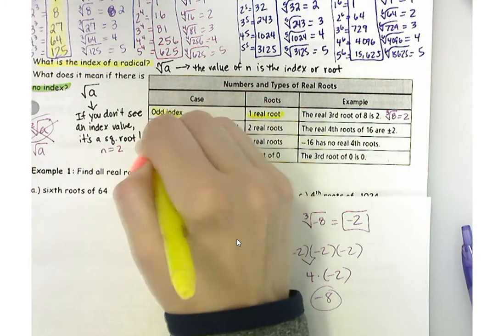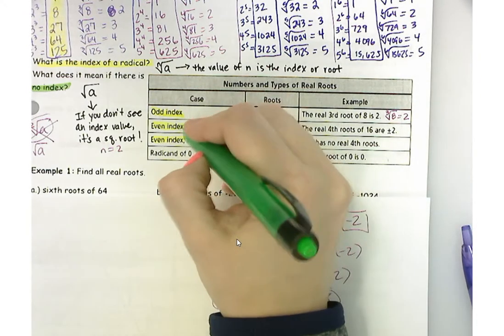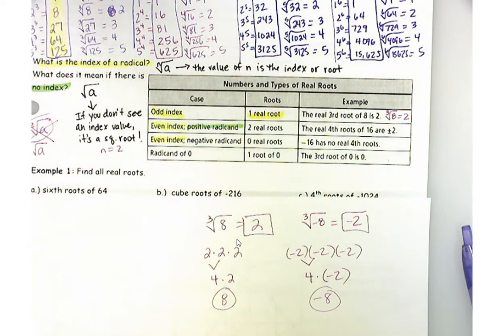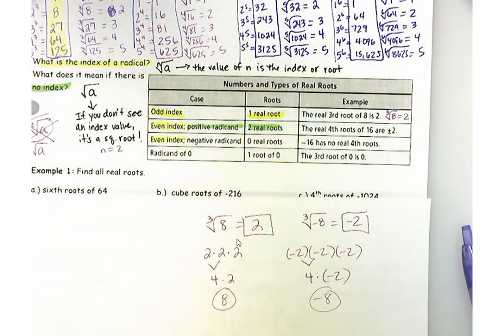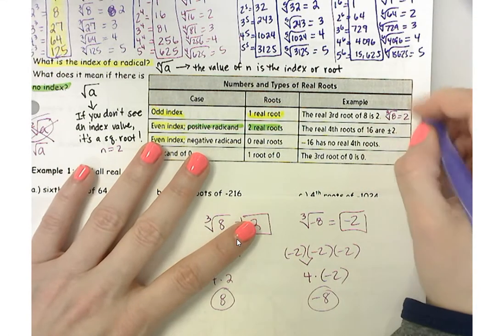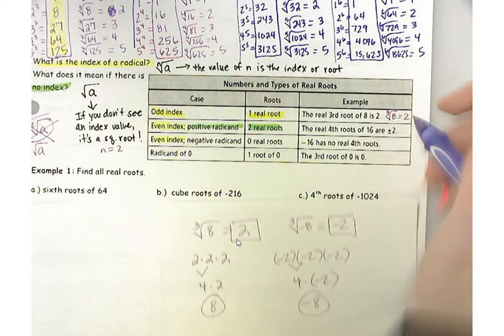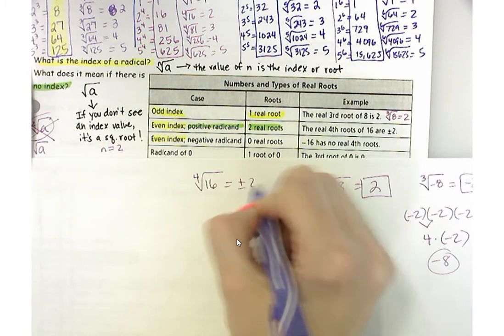The example is the 4th root of 16. If you were doing the 4th root of 16, it would be plus or minus 2, because if you multiply 2 four times, this would be 4 times 4, which is going to be 16. Or if you multiply -2 four times, what happens when you multiply a negative by a negative? Yep, it becomes positive.